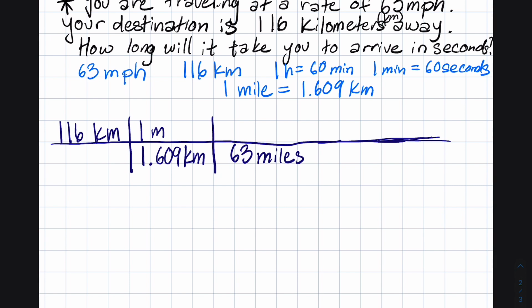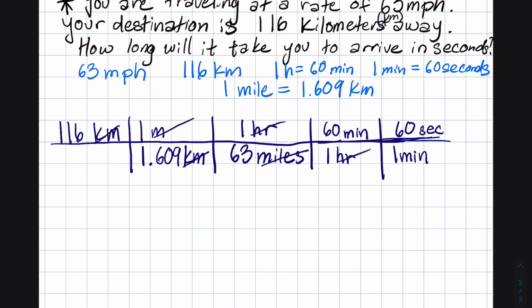Next, we can start putting our miles per hour, which is 63 miles per hour. Or in 1 hour, we travel 63 miles. Now we have our hour, but we want to know how long it will take to arrive in seconds. And there's going to be 60 minutes for every hour, and then there will be 60 seconds for every minute.